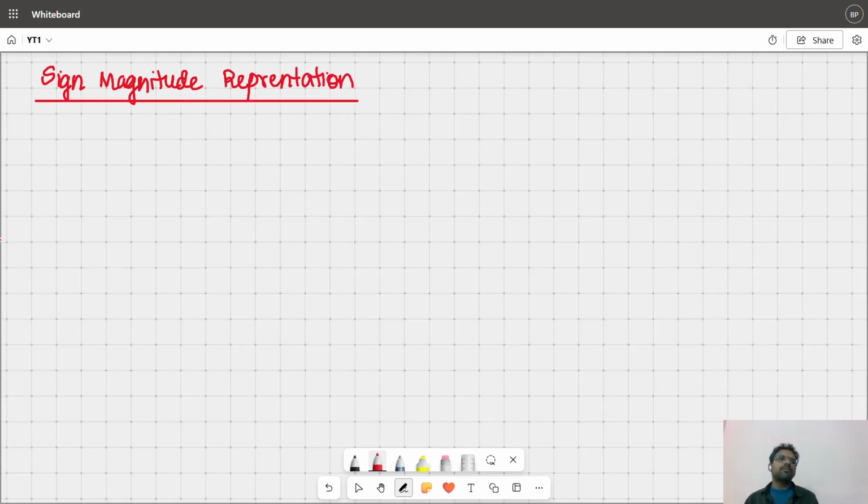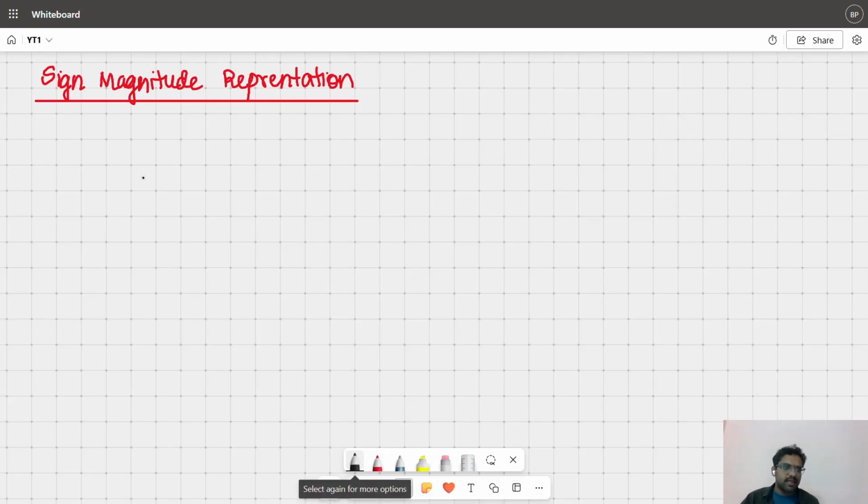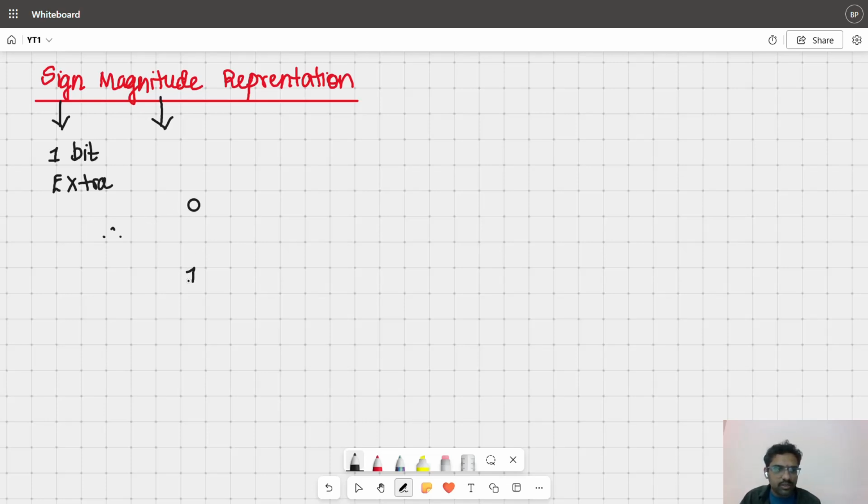Whenever I'm talking about sign and magnitude representation, the name itself explains that there will be a 1-bit representation for the sign and then the magnitude. We use one extra bit for the sign, which gives two possible combinations, 0 and 1.